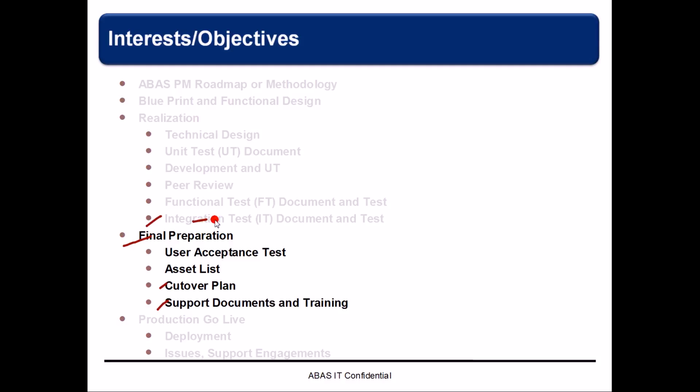After the integration test, the tester has to document all the steps that need to be done for a given scenario, and that is to be given to the UAT. And once that is used in the UAT, no issues, everything goes fine, then we're going to name those as support documents, right? And that will be part of the final preparation.